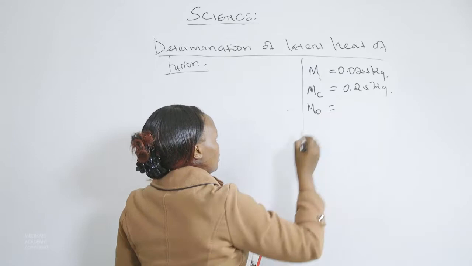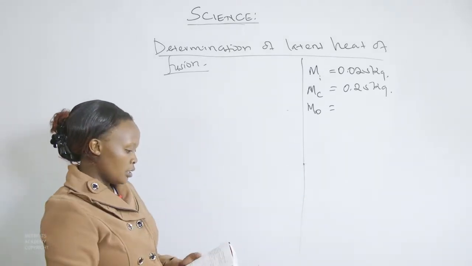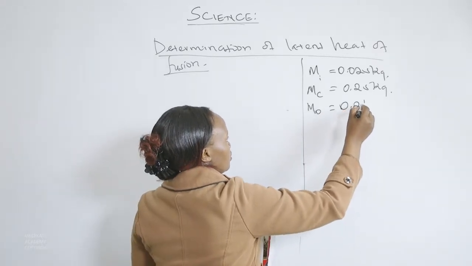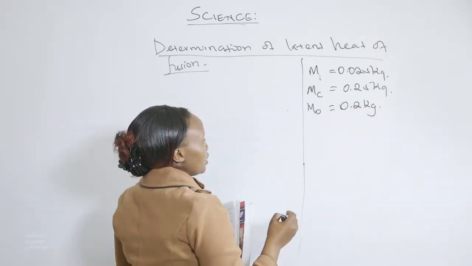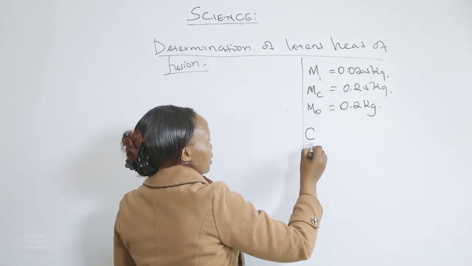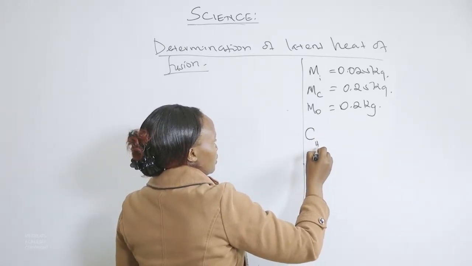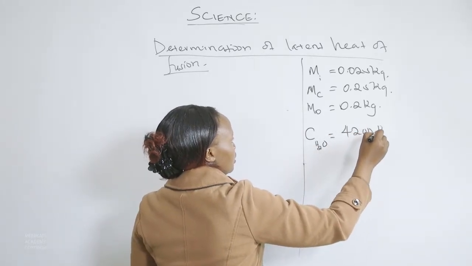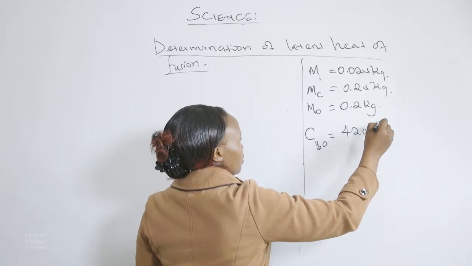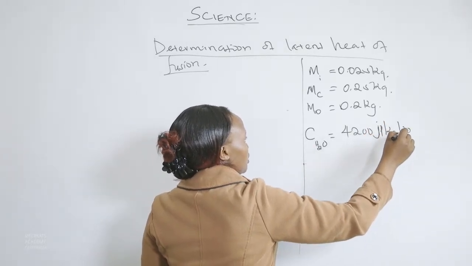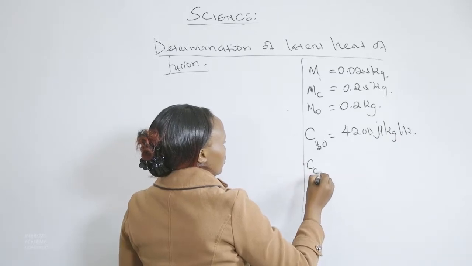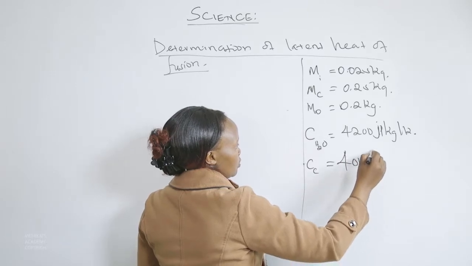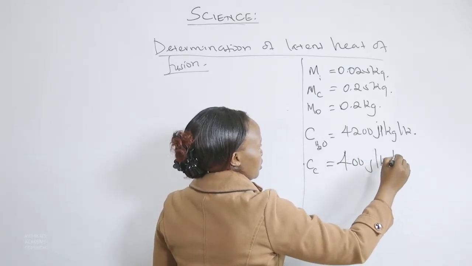Mass of water is given as 0.2 kgs. Now, specific heat capacities: that of water is given as 4,200 joules per kilogram per Kelvin. That of copper is given as 400 joules per kilogram Kelvin.